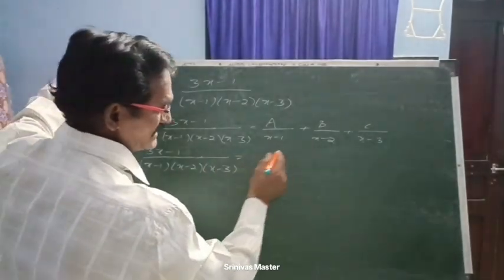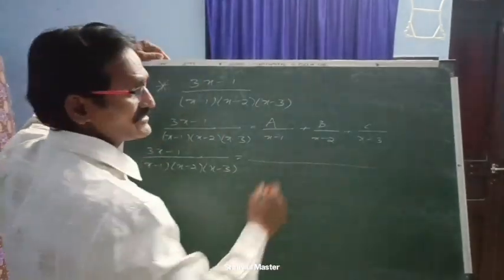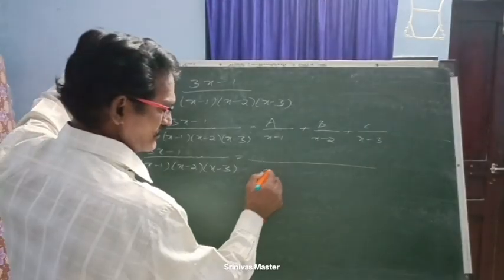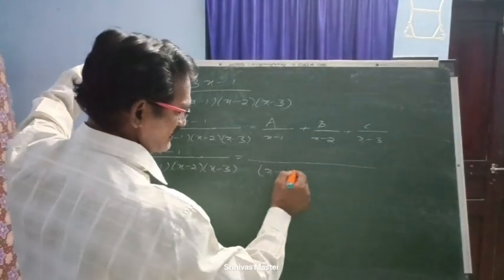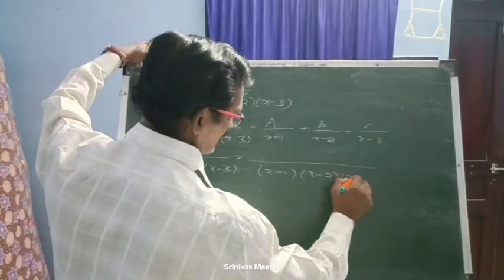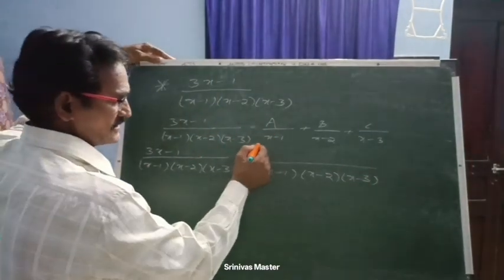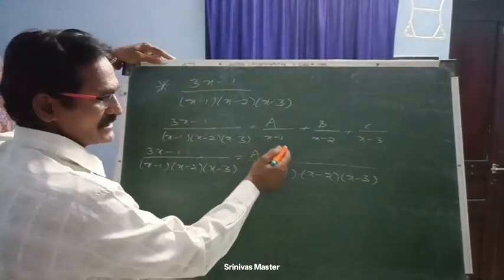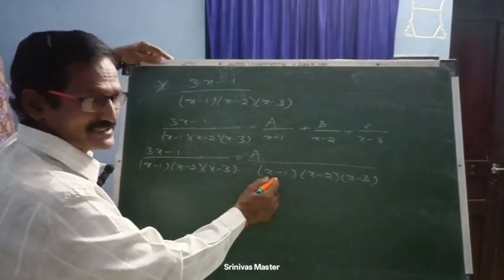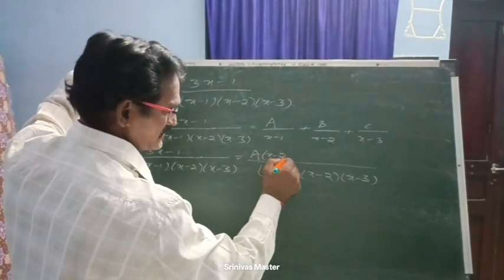It is equal to, what is the LCM of all the denominators? X minus 1, x minus 2, x minus 3. All are different, no? So what you have to do is multiply x minus 1 into x minus 2 into x minus 3. Right? Now in the first fraction, A into, what is the denominator? X minus 1, so x minus 1 will be cancelled, you know that. What are the remaining terms?